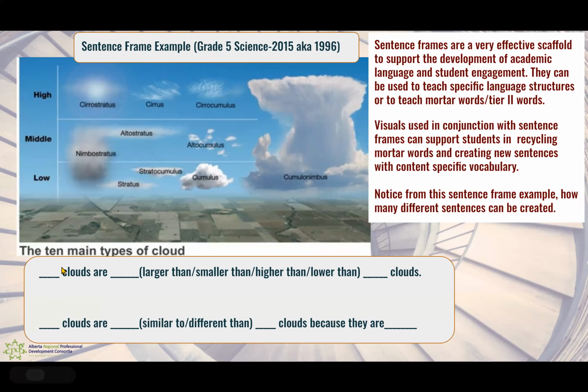So, like, cumulus nimbus clouds are larger than stratus clouds. And so they can slowly match those up and build, talking with a partner and writing things down, and finding out those patterns of language.